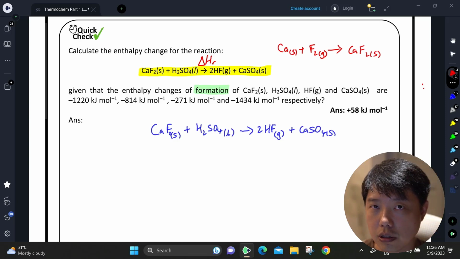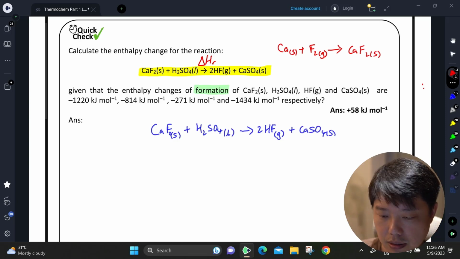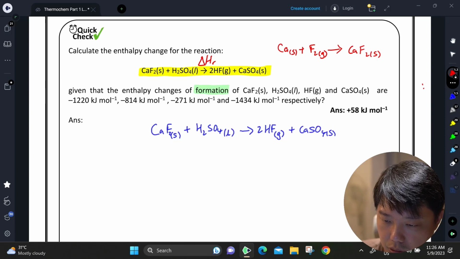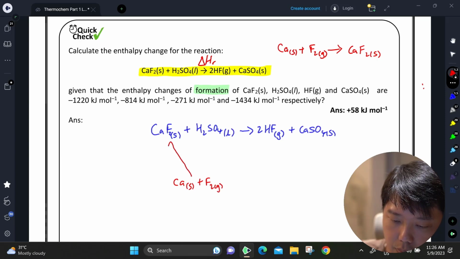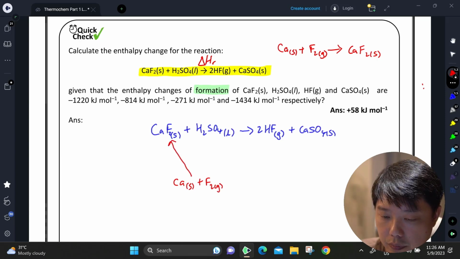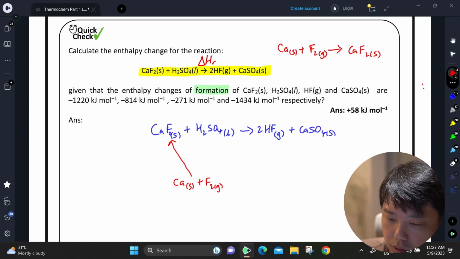I'm going to piece this into the energy cycle, so let me write it at the bottom: calcium solid plus fluorine gas gives 1 mole of calcium fluoride. This enthalpy change of formation is given as negative 1220 kilojoules.